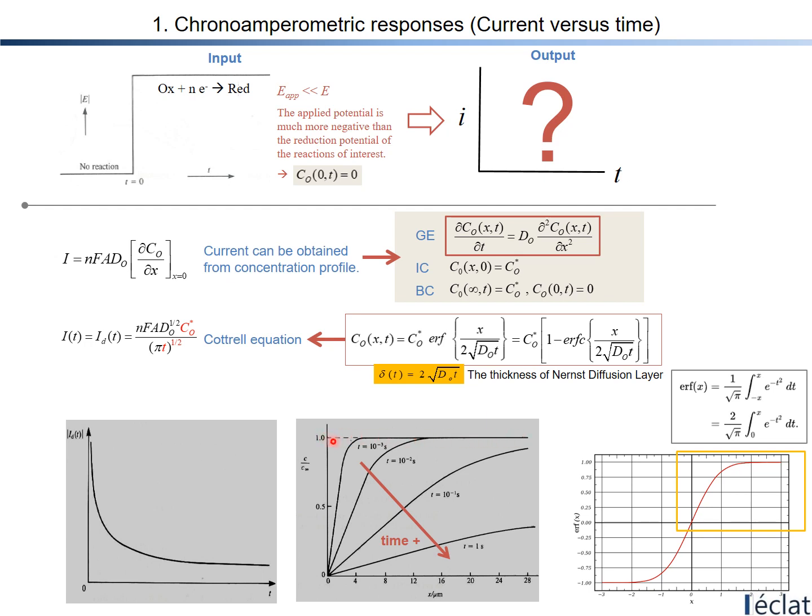At time equal to 0, at any x value, you should find just 1 for the relative concentration, even at x equal to 0. However, just after we have applied a fixed potential to the system, the concentration at the surface goes from 1 to 0 suddenly, abruptly. In this case, time is equal to 10 to the minus 3 seconds. This point should be fixed at 0 after you have applied a potential.